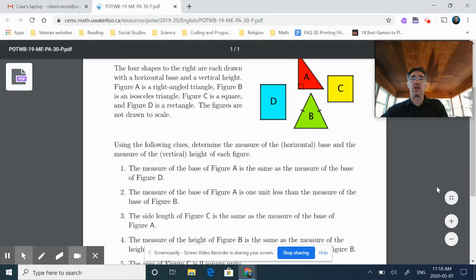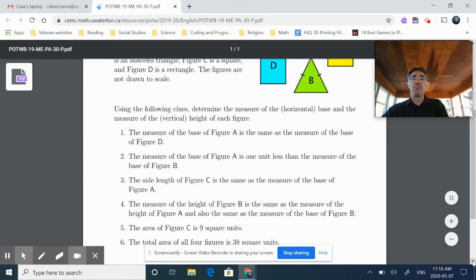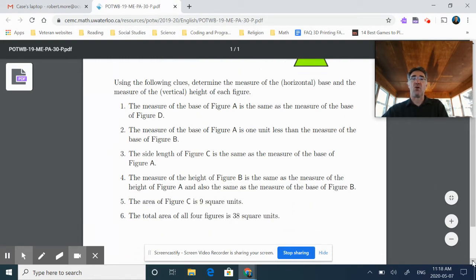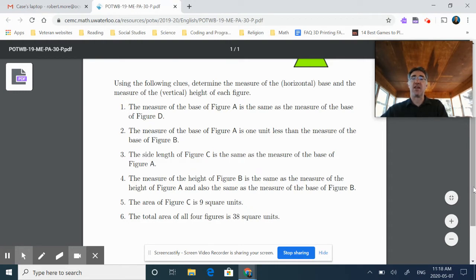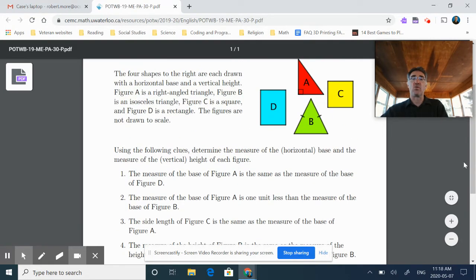So using the following clues, determine the measure of the horizontal base and the measure of the vertical height of each figure. And I'm glad that they stated that the base in this case is horizontal, because depending on orientation of the shape, especially on a square, any of these sides could serve as the base. Same way with the rectangle, and even on the triangles, any side can serve as the base.